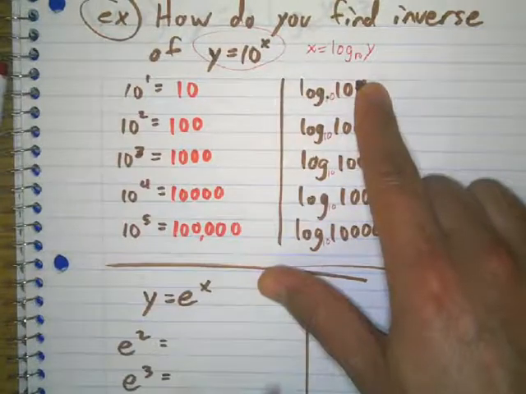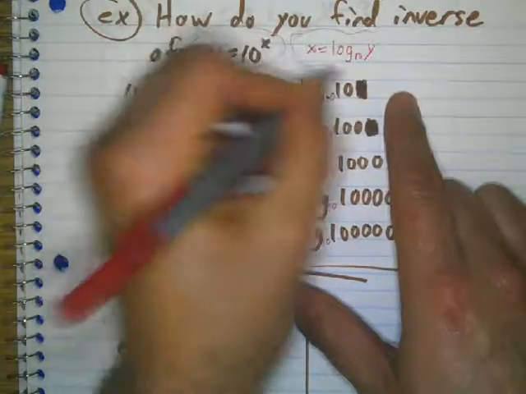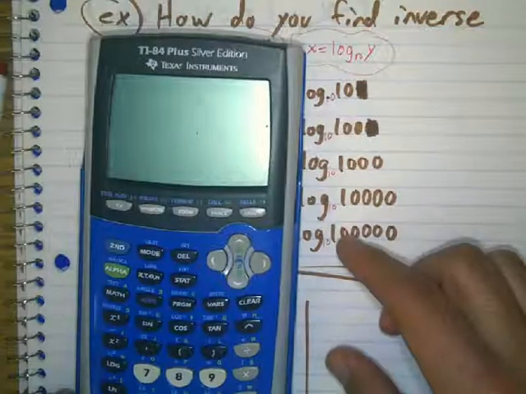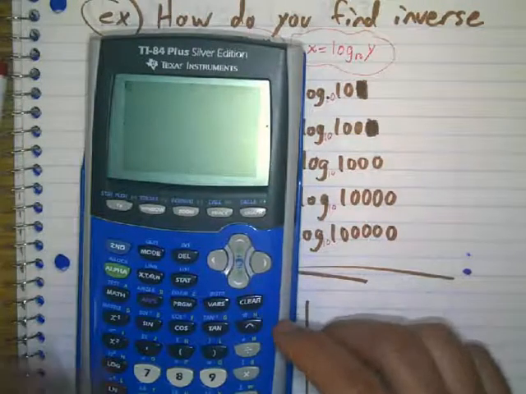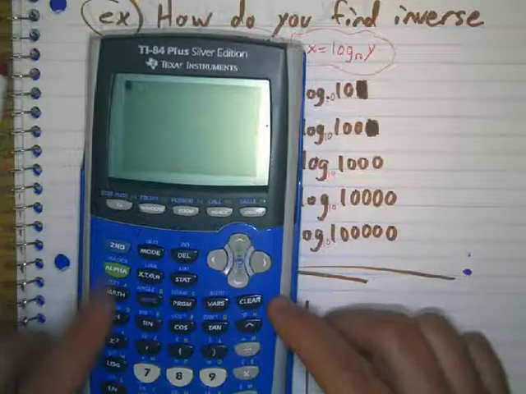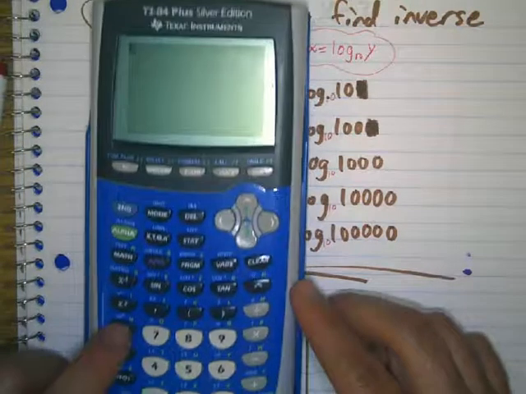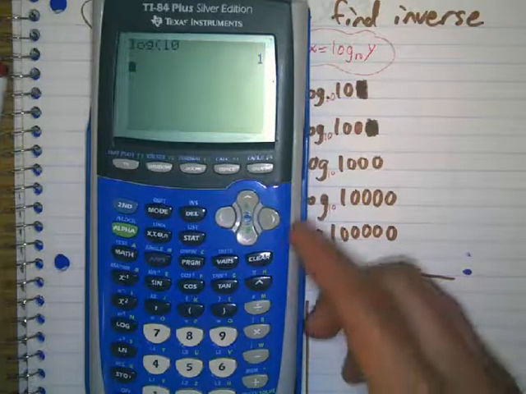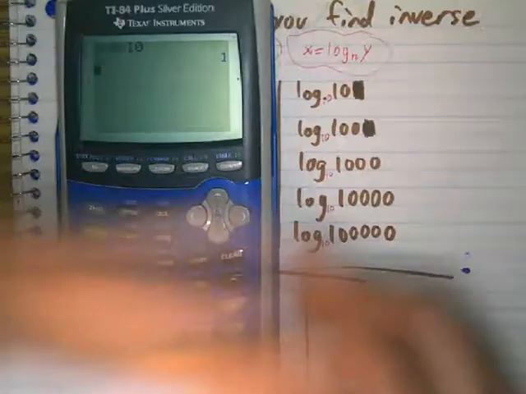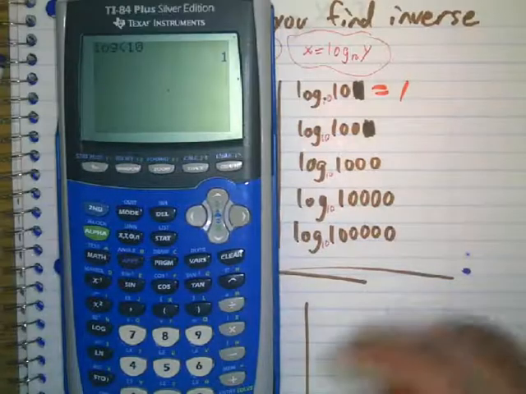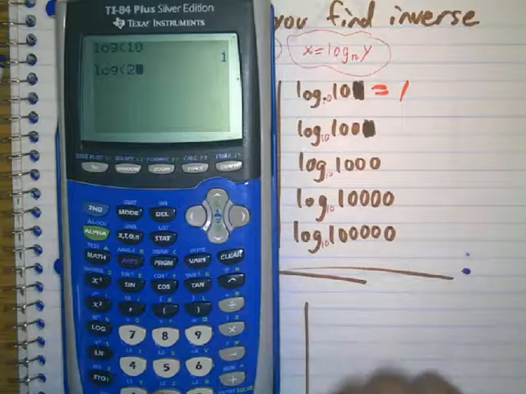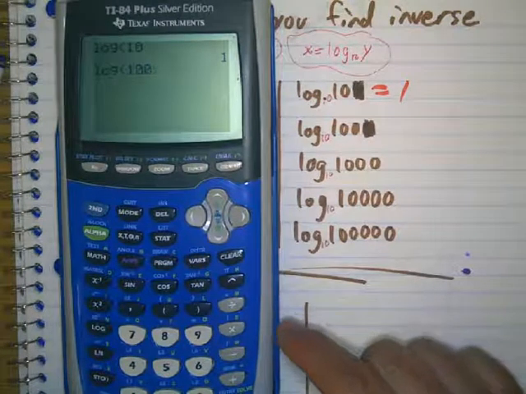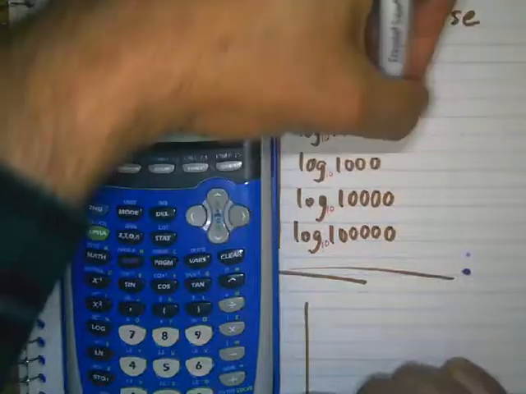Now just hold this in mind. If I type into the calculator log 10, what do we get? Log 10, we get 1. What about log 100? We get 2.